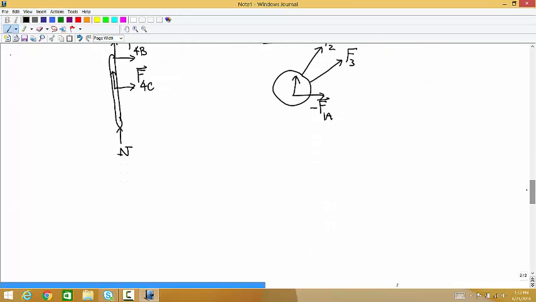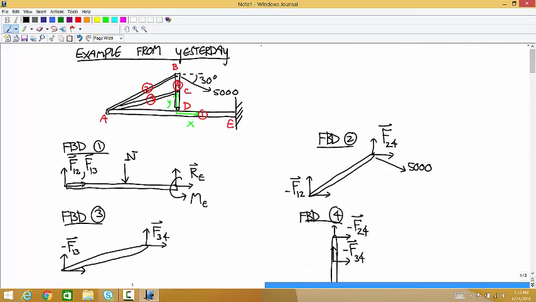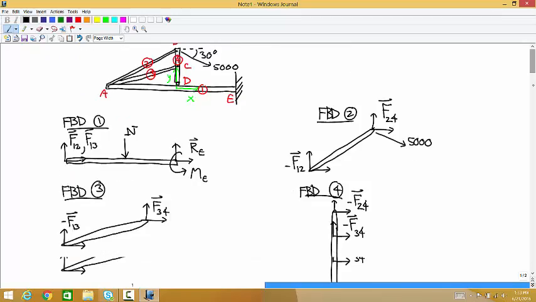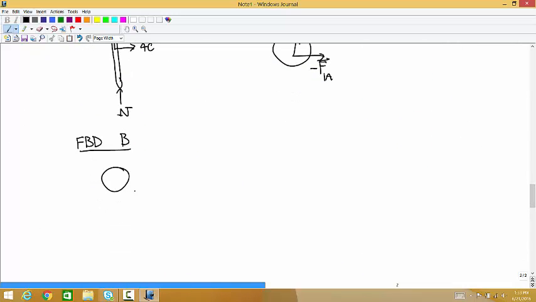And when we go to B, what forces do we have acting at B? We have the force applied to B by 4. That is negative F4B. And then we have this force, F2.